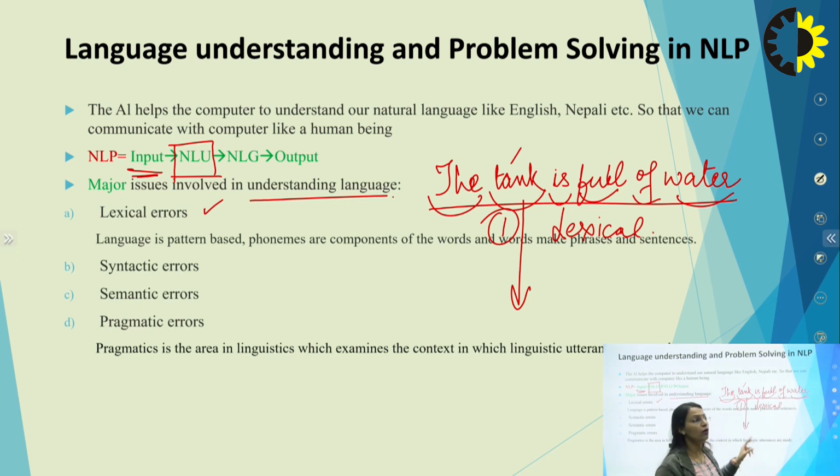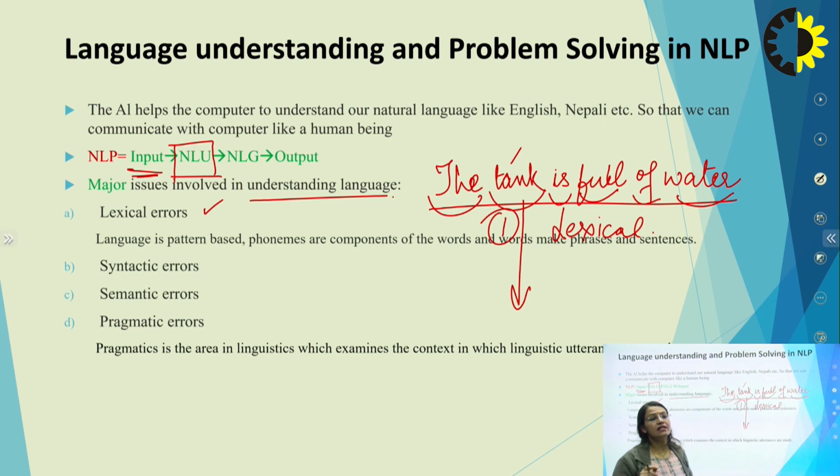After analyzing all the sentences, I can make a decision that the tank I am talking about is the water tank here. So lexical errors are those pattern-based or phonics-based components or words that give various meanings to our sentences. This is the first error that occurs in the NLU process.